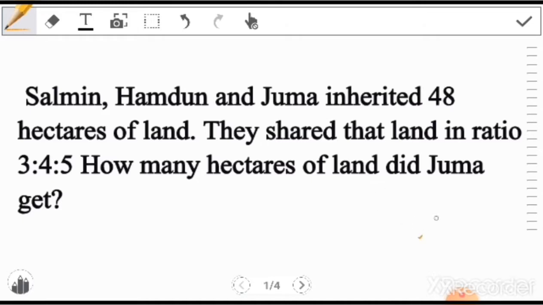So first, we should identify the people or the items which are involved in that sharing. So we have the names Salmin, Hamdoun, and Juma. Salmin ratio 3, Hamdoun ratio 4, and Juma ratio 5.